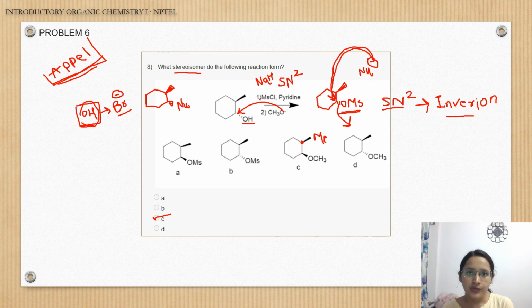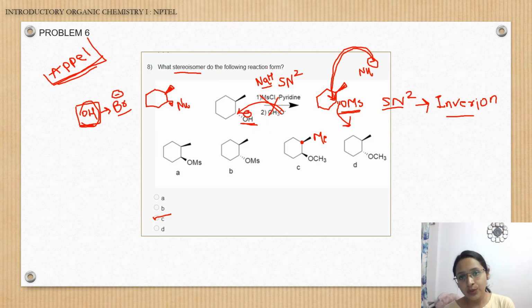Just forget about the sequence of reactions: if we are applying a strong base, what happens? This OH proton is getting abstracted. Now this OH is going to form this O minus. This is all that is happening if you are applying a strong base.